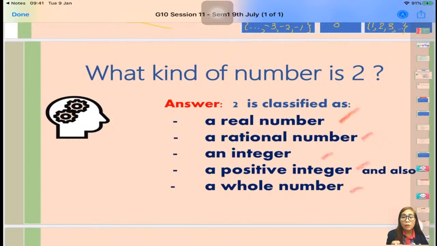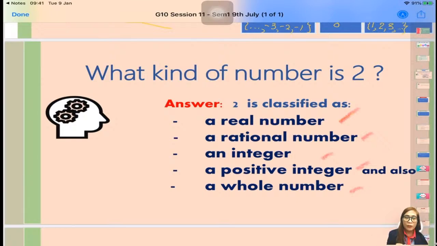When we say whole number, if you recall what you had, the collection of whole numbers are the numbers that begin with 0, then 1, 2, 3. So it is the collection of positive integers and 0.